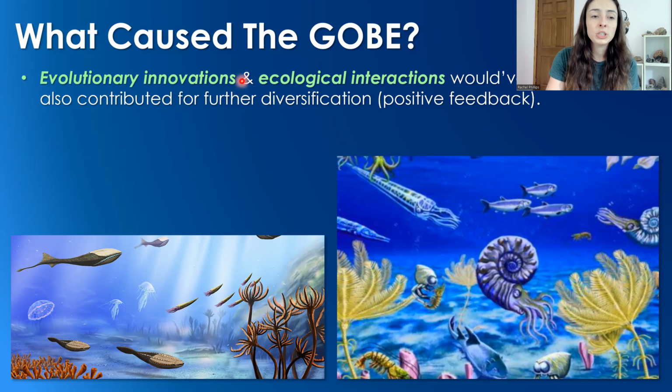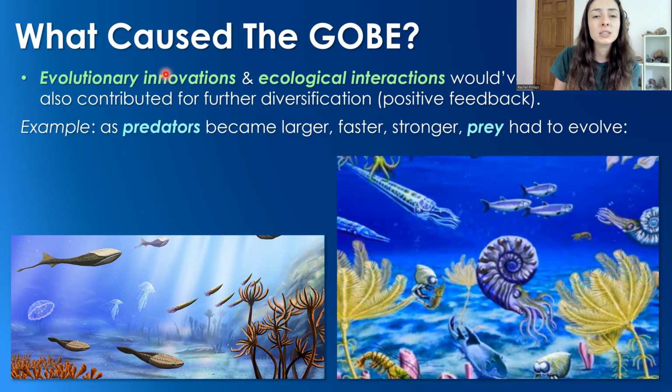But it's also important to note that evolutionary innovations and ecological interactions in more complex ecosystems would have also contributed to further diversification. So the diversification itself would have caused a positive feedback loop of more diversification because of the interactions that it causes.